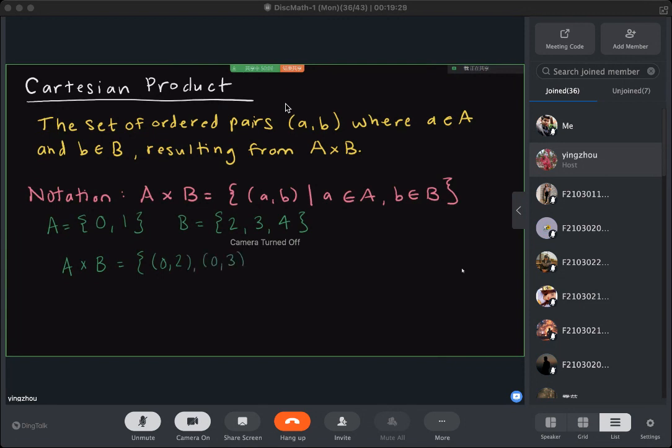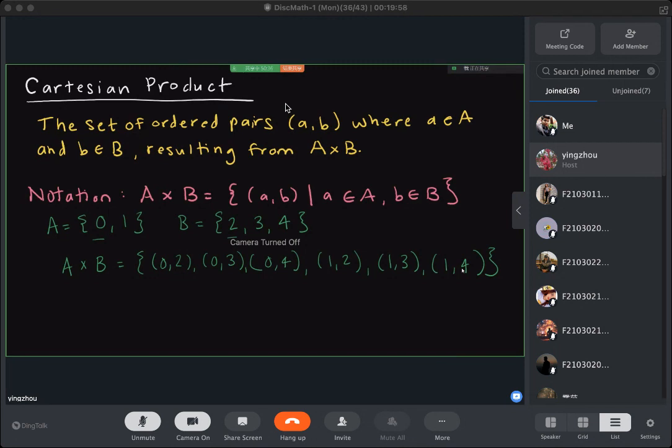I could have 0, comma 3, 0, comma 4, or I could have 1, comma 2, 1, comma 3, 1, comma 4. So again, each time I used a value from set A and an element from set B, and I've done all of the different combinations.